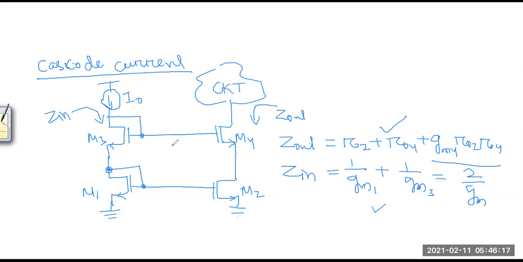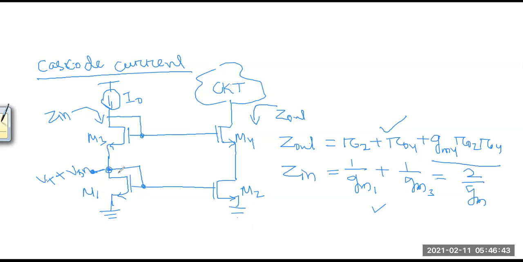So why? See, what is this voltage? So the disadvantage is the headroom issue. So we will analyze why it is a disadvantage. What is this point voltage? This is diode connected, so VT plus V on. Everyone clear?